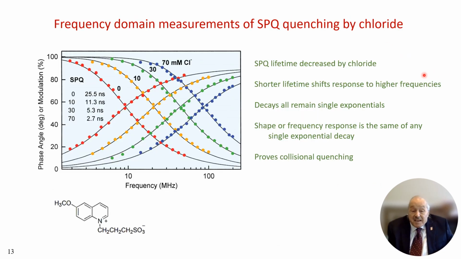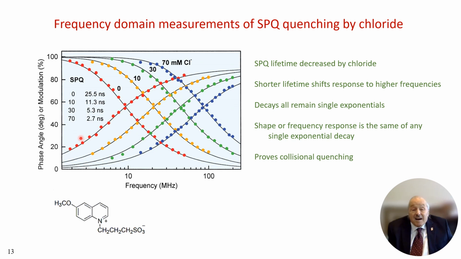And just as an example, a biochemical example, for the collisional quenching of the molecule SPQ by chloride, as you increase the chloride concentration, the lifetime goes to shorter and shorter values, starting at 25 nanoseconds, which has a crossover point around 10 megahertz.